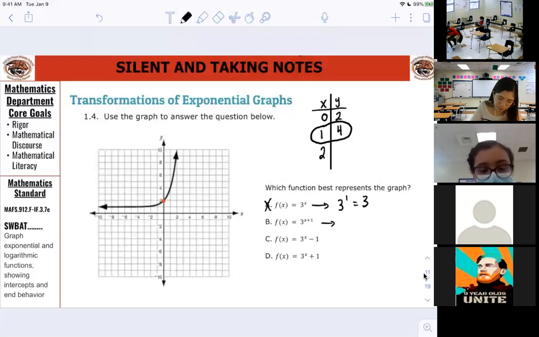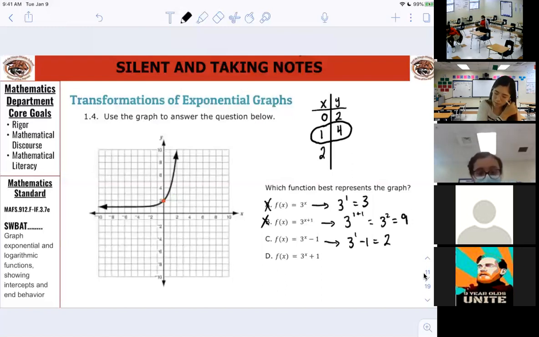Now let's test B. I'm going to plug in 1. What's 1 plus 1? 2. So 3 to the power of 2 is 9. So is this it? No. How about this one? I'm plugging in a 1. 3 to the power of 1 is 3, minus 1 is 2. So is this it?